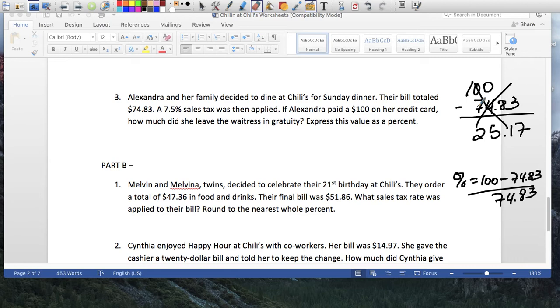Hang on a second. 100 minus 74.83 equals, and we're going to divide that by 74.83, and wow, this is going to be 0.3363, but to change that to percent, we multiply by 100, or 33.63%. Okay, and that's number 3.